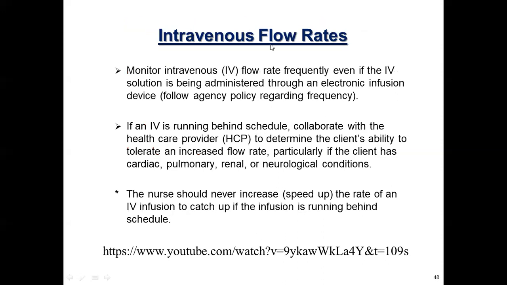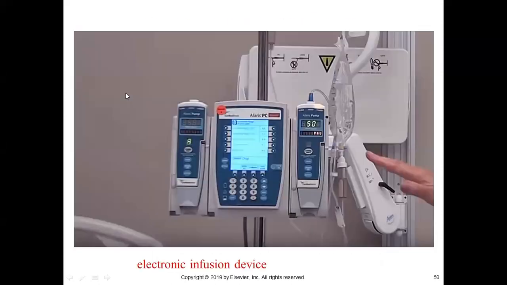Now, intravenous flow rate. Monitor the intravenous flow rate frequently, even if the IV solution is being administered through an electronic infusion device. Nowadays, we use an electronic infusion device that looks like this. In the hospital, we use this.